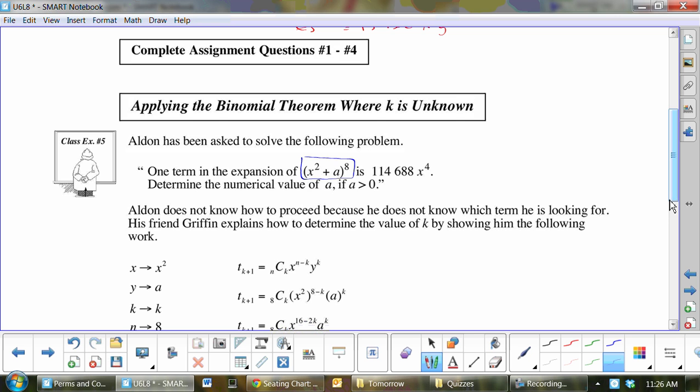They say one term is 114,688 x to the 4th. And they're asking, what would a have to be to make that?